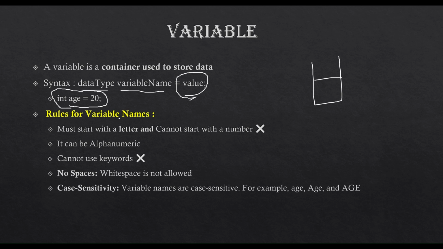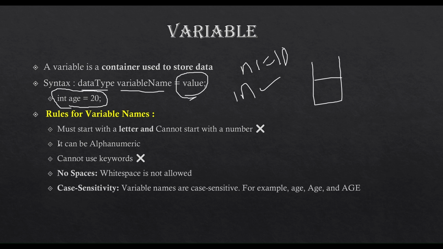So what are the rules of creating a variable? The first rule is that a variable starts with a letter and cannot start with a number. Suppose I want to create a variable like number 1, I can write n1 and assign a value like 10, 20, or whatever value I want. Otherwise, if I start it like 1n, it will show an error, because it violates our rule.